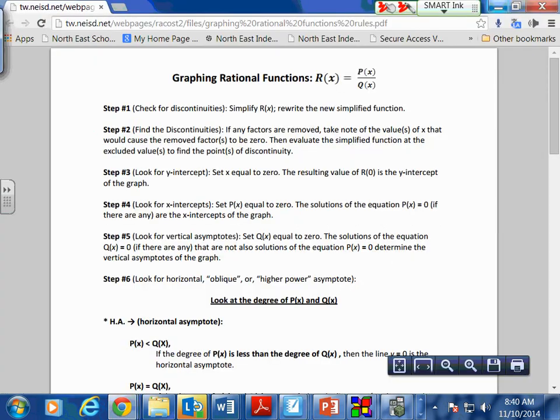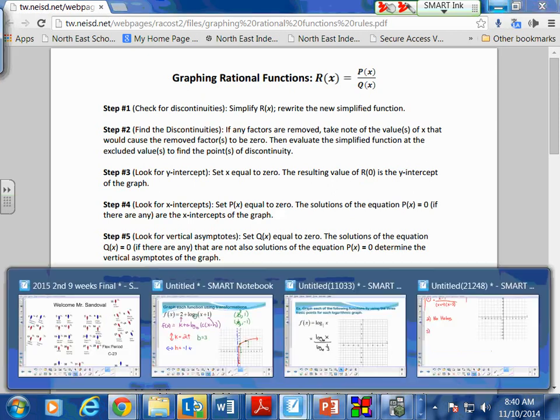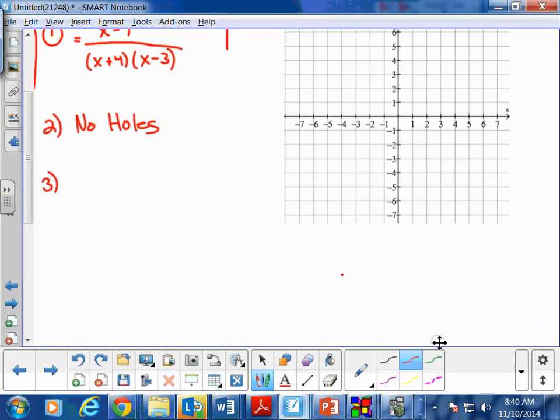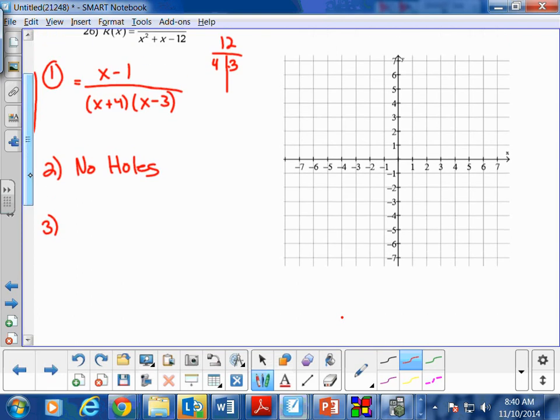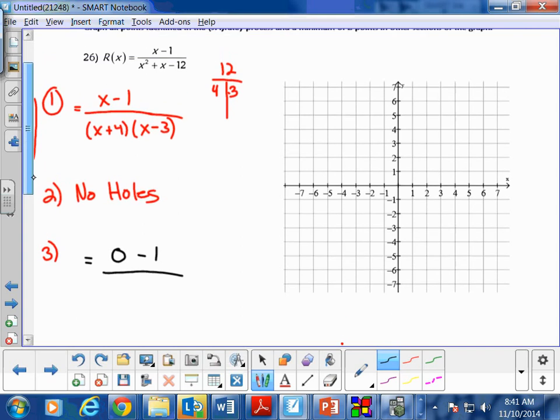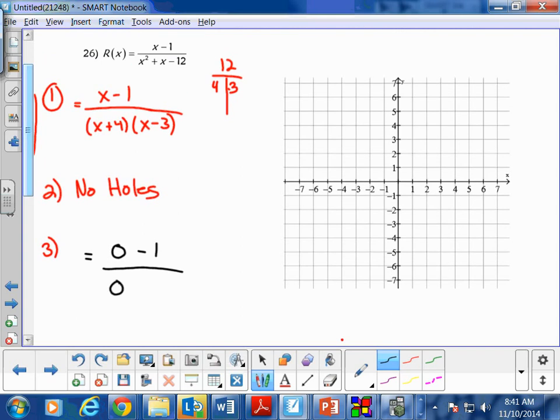Now step 3, go back to your notes. This one says look for a y-intercept, so that means you set x equal to 0. Go back here and set x equal to 0. Since I'm setting x equal to 0, I'm going to have 0, negative 1. In this case, you can use the top equation if you want, since sometimes it's easier: 0 squared plus 0 minus 12.